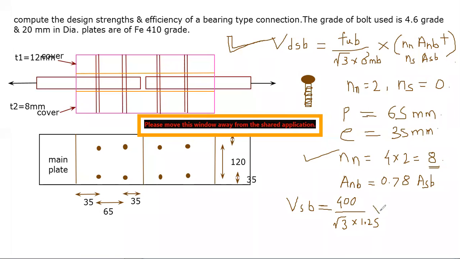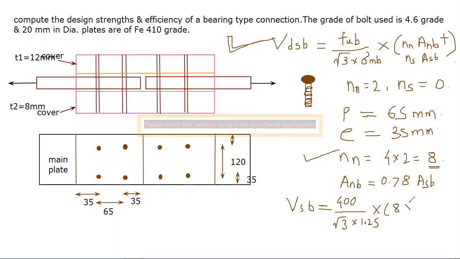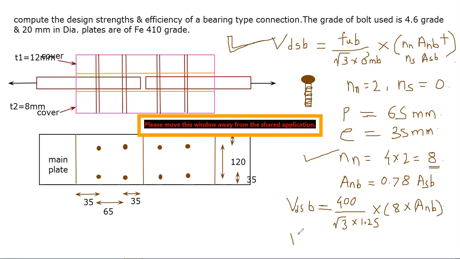Already we have seen this, multiplied by 2 into 4, that is 8, multiplied by A and B, whatever value you got here for A and B, you substitute that value, and at the end you will get this value for VDSB. After substituting all the values, you get a value of about 362.17 kilonewton.